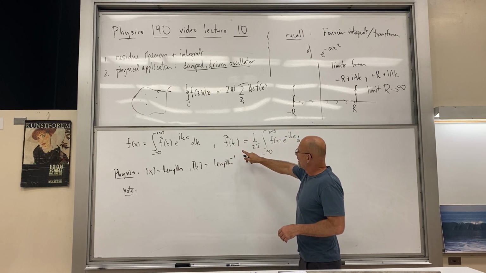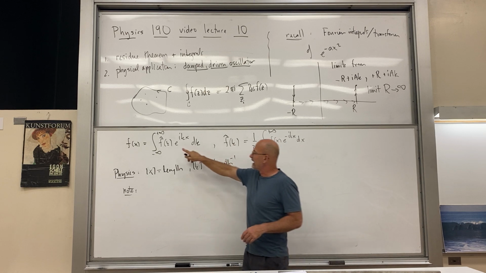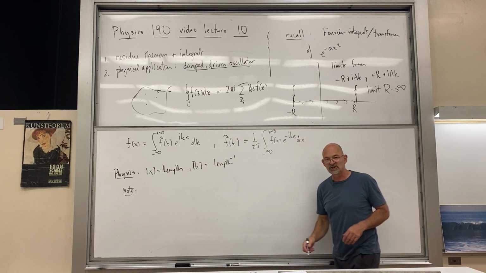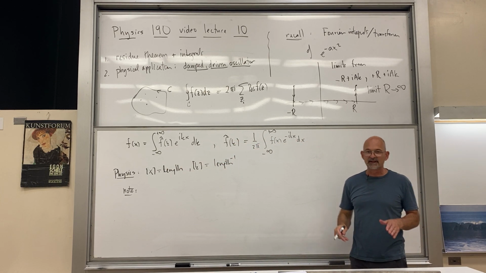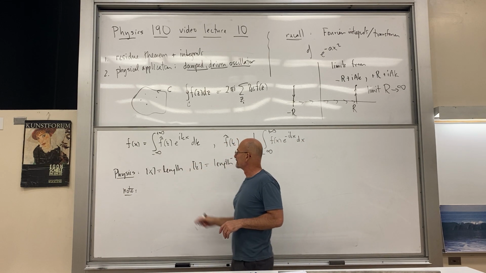F of x appears here, f hat of k appears here. They both have to vanish sufficiently rapidly as you go out to infinity.